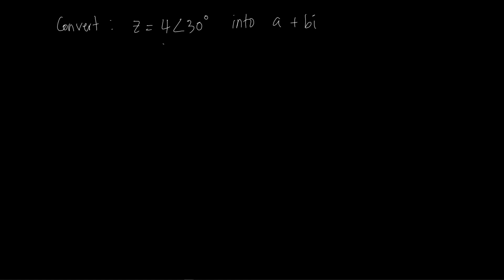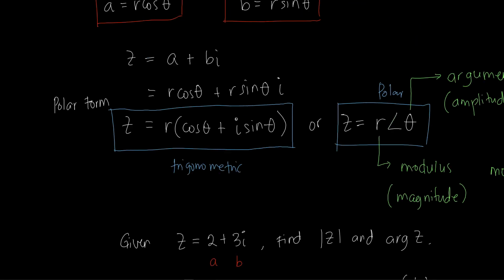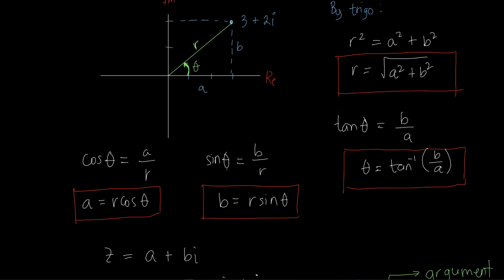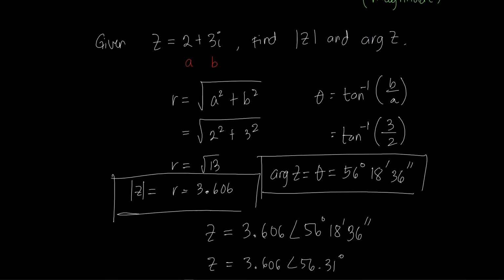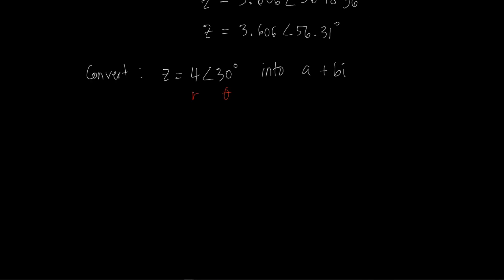What we have is R and theta. Then what we need to find is A and B. So, which formulas can we use?